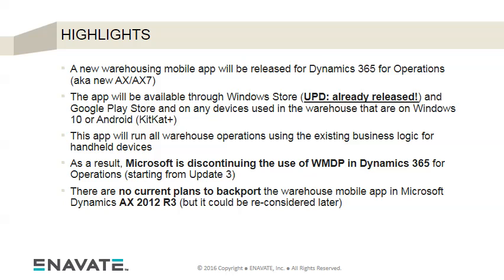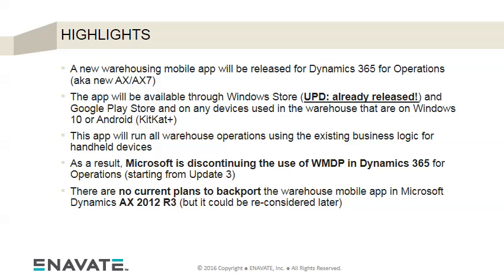The app will run all the same warehouse operations as it runs now on the Warehouse Mobile Device Portal, WMDP, and it will use all the existing X++ business logic for the mobile device portal. The important part is that Microsoft is going to discontinue the use of WMDP in Dynamics 365.